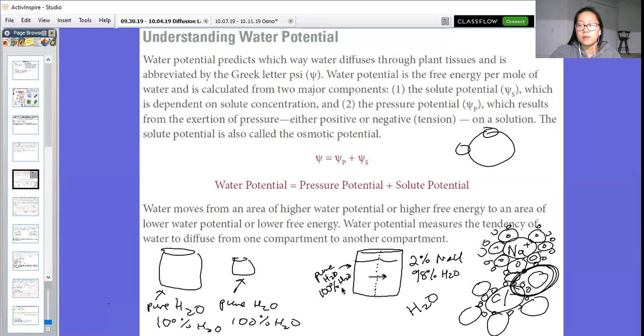As it moves, the water level here is going to start to go down, and the water level over here is going to start to go up. You'll actually see a level difference created, because water potential causes water to move from a high concentration or high pressure to a low concentration or low pressure.